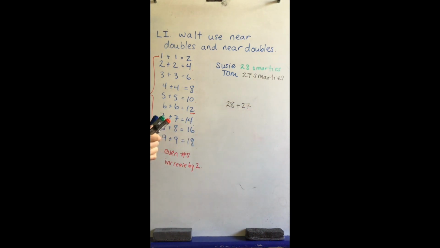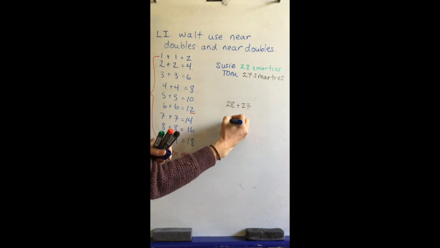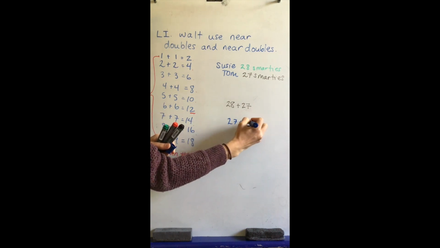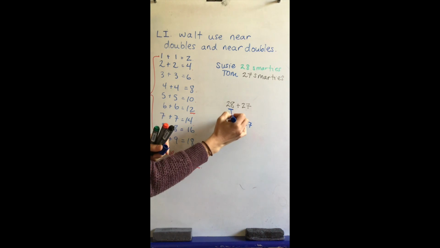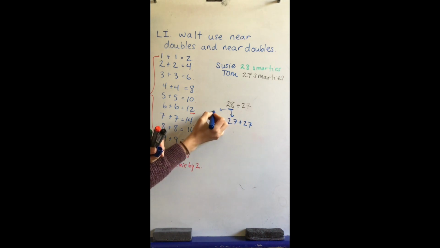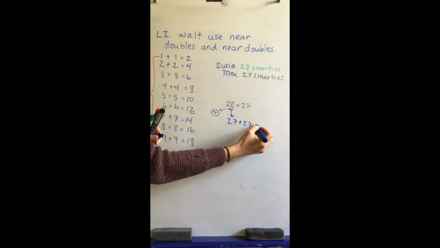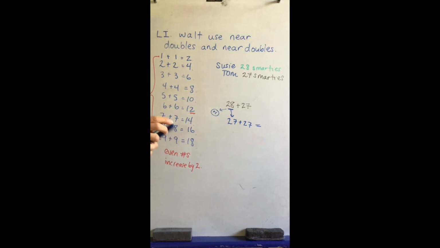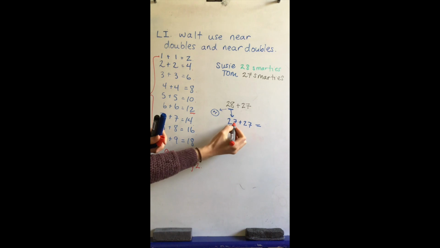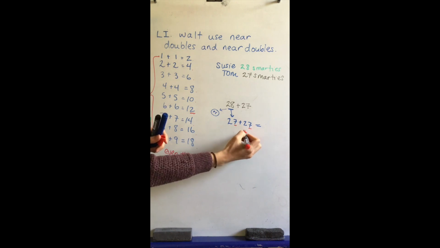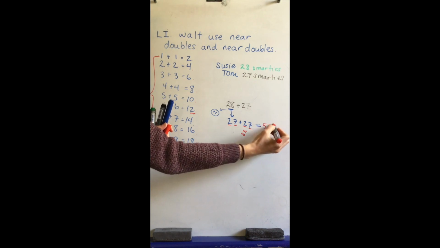but really what we could do is pretend we have 27, add 27, so I've turned this 28 into a 27, which means I've got a 1 over on the side here. I have to remember to add that on later, alright? So my 27, add 27, I'll add my units together first. I know that 7 and 7 is 14, 20 and 20 is 40, so 14 and 40 together is 54.